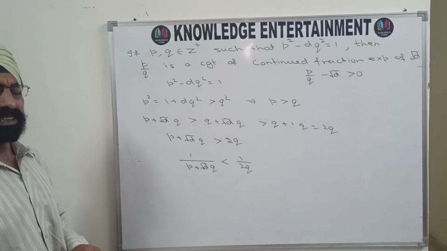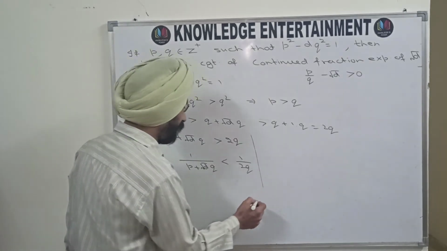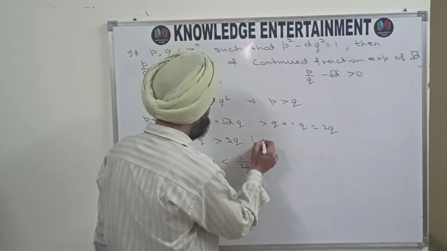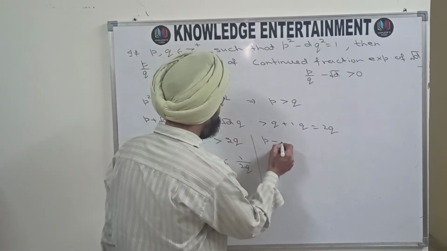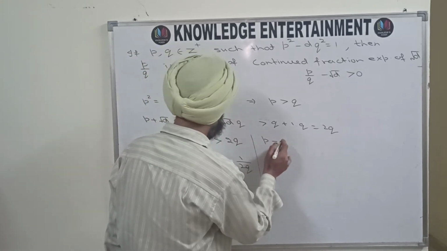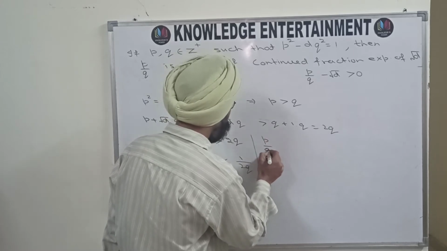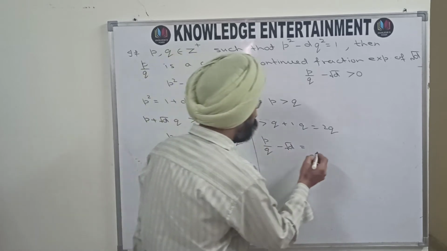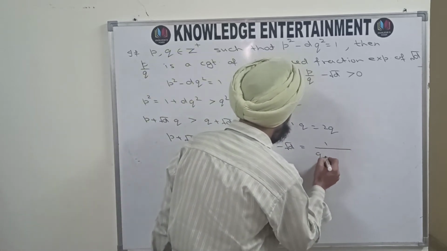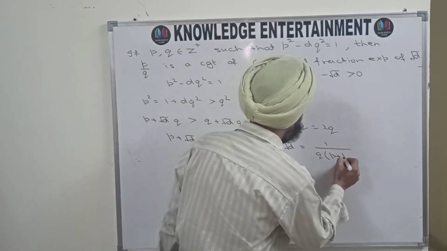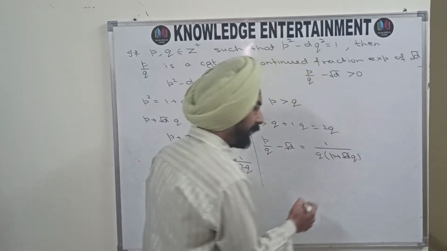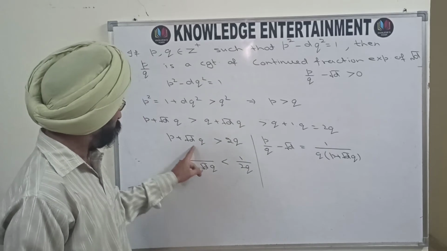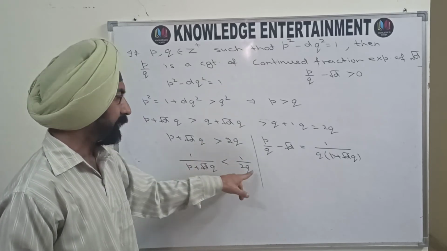In an earlier step, which I have removed from here, we had p upon q minus root d equal to 1 upon q times (p plus root d q), if I am not forgetting. This was the step. And 1 upon (p plus root d q) is less than 1 upon 2q.